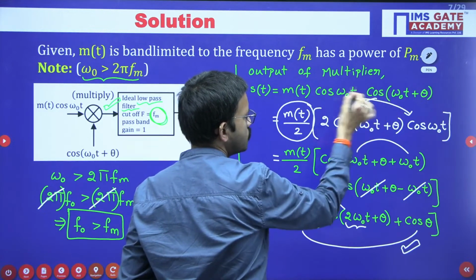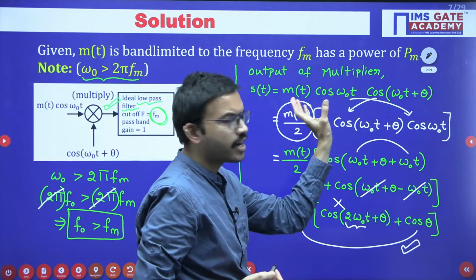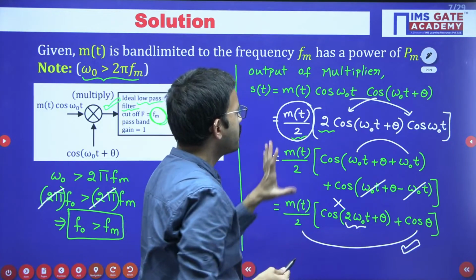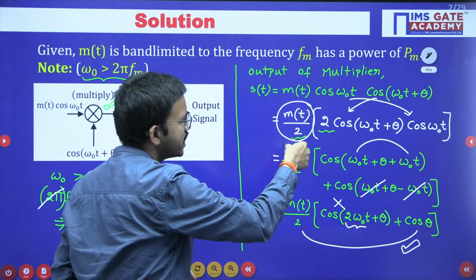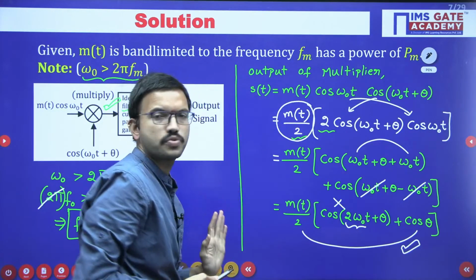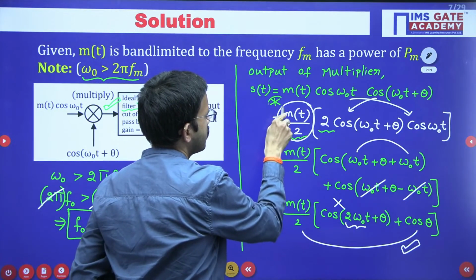So here the first and foremost observation point is this one. Since you don't have 2 here, but you want the 2 cos A cos B format, in order to get that, we are multiplying and dividing with 2. Because of that, the first factor that you are getting, whatever the modulating signal you are having, is getting divided by 2. This is the first and foremost observation point, right?